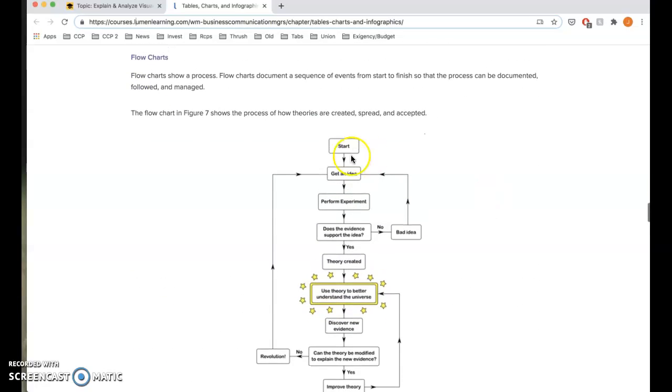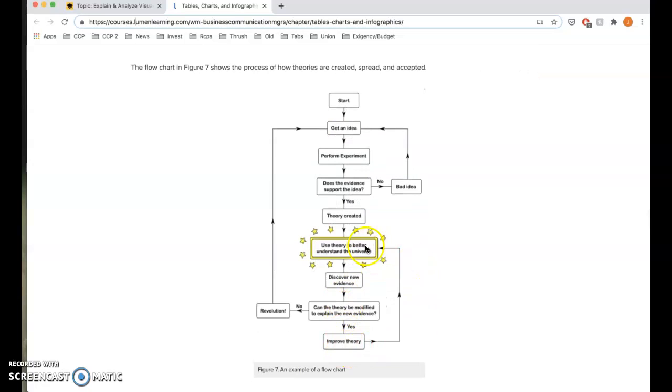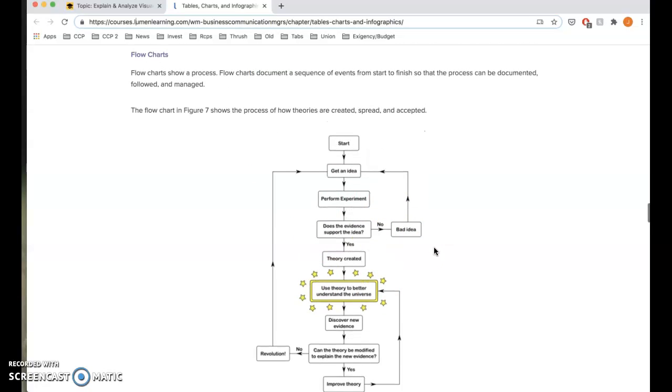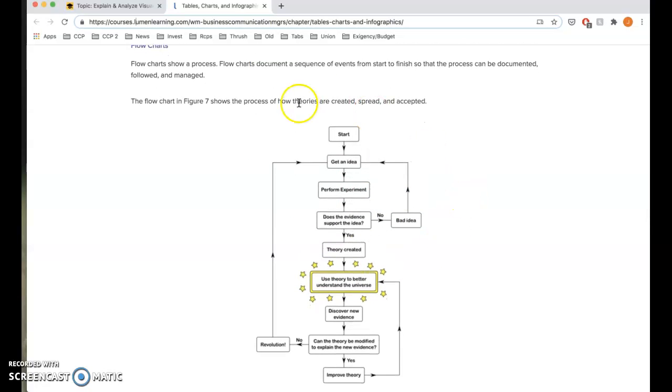You saw a flow chart last week for the scientific method that showed you how you go from one step to the other and when you wrap around. So with a flow chart, you're following the arrows, right? So I'm going down, back to here, and if the answer here is no or yes, I take a different adventure. And this is again an example of what looks like the scientific method, but I'm not exactly sure because it's not labeled.